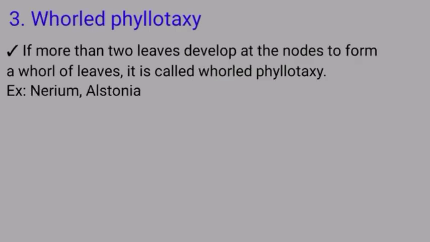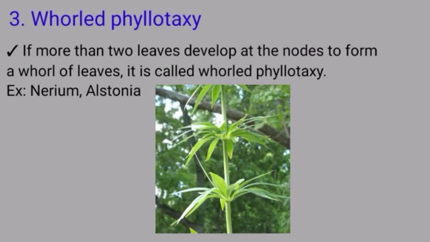Very last type, whorled phyllotaxy. If more than two leaves develop at each node to form a whorl of leaves, it is called whorled phyllotaxy. Example: Nerium, Alstonia. See in the diagram, each nodal region contains many leaves and forms a layer or whorl, which is called whorled type of phyllotaxy.